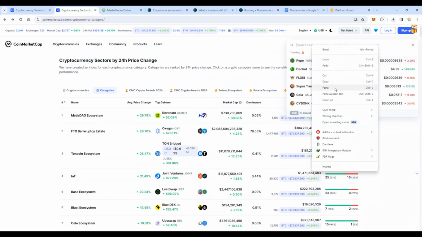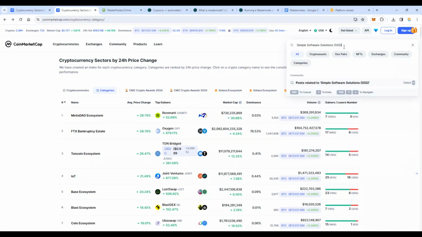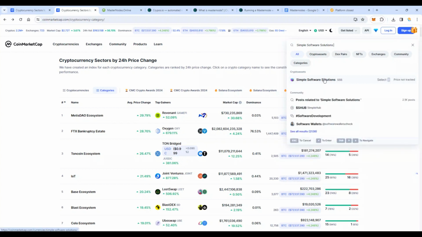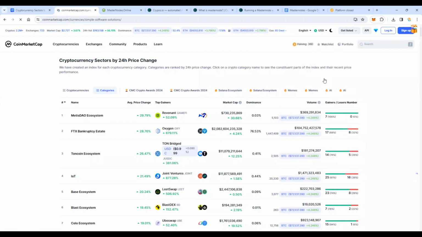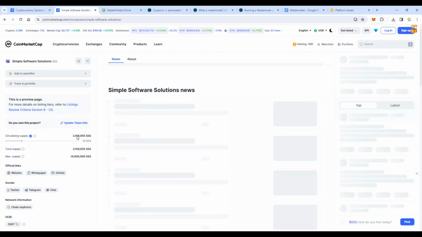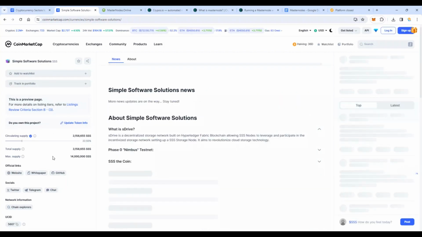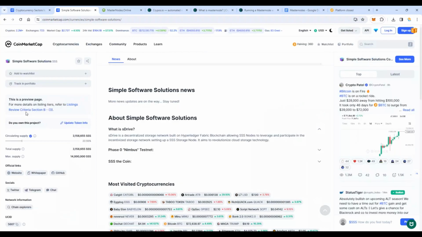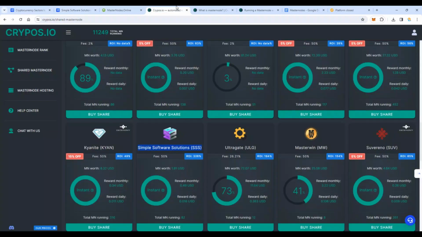So let me just paste this. Now here's the project, Simple Software Solutions. And if you look at a project like this, you can see the circulating supply, and there's no more information about that. You don't know where to buy this project. You don't know where to sell this project. You see, there's not so much information about this project.